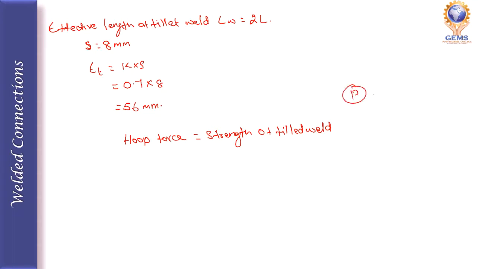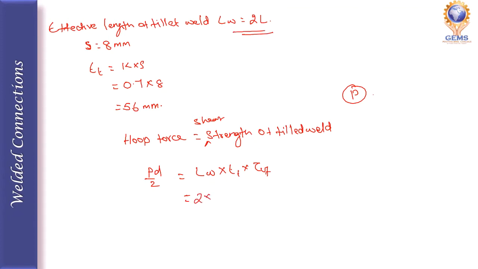Here the hoop force is PD by 2, and the shear strength of fillet weld formula is LW into TT into tau VF. So LW we are assuming as 2L.